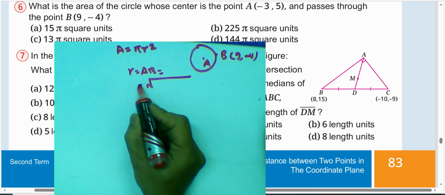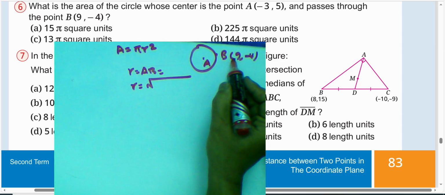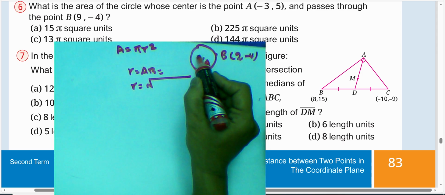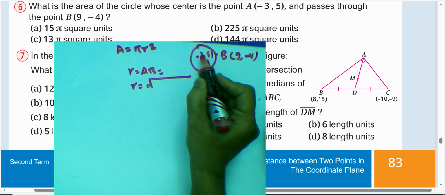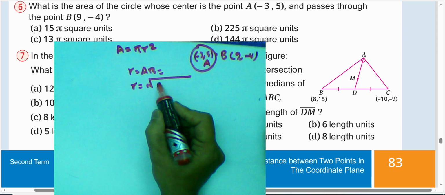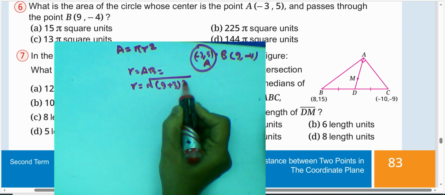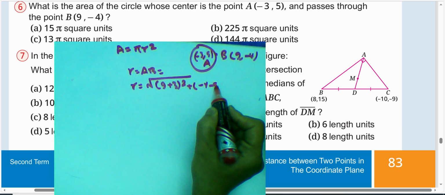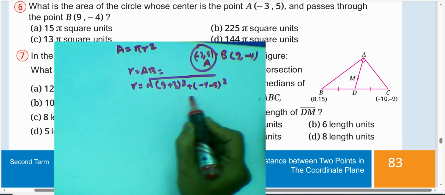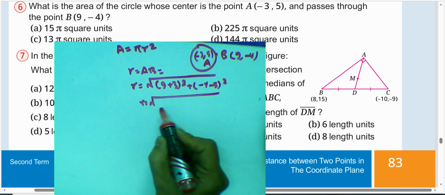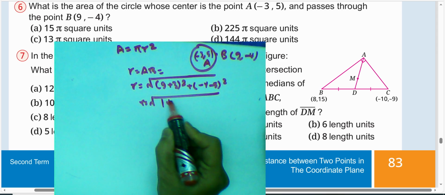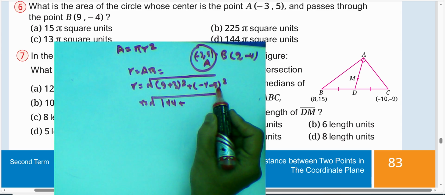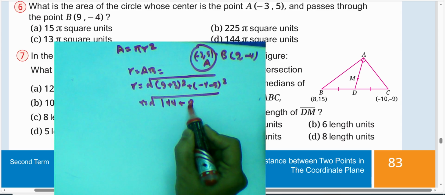The radius AB equals square root of, we have point A was negative 3 and 5, 9 minus negative 3, which is 9 plus 3 power 2, and negative 4 minus 5 power 2.